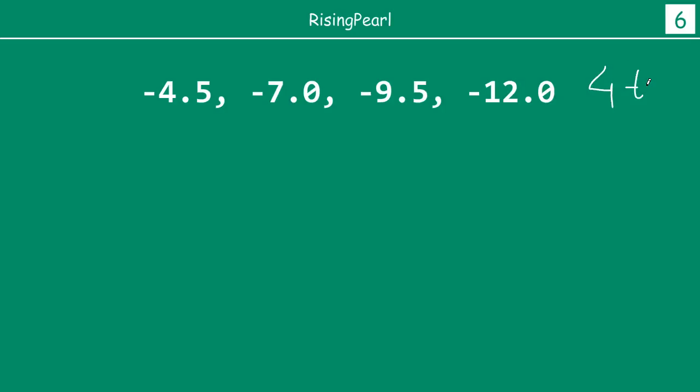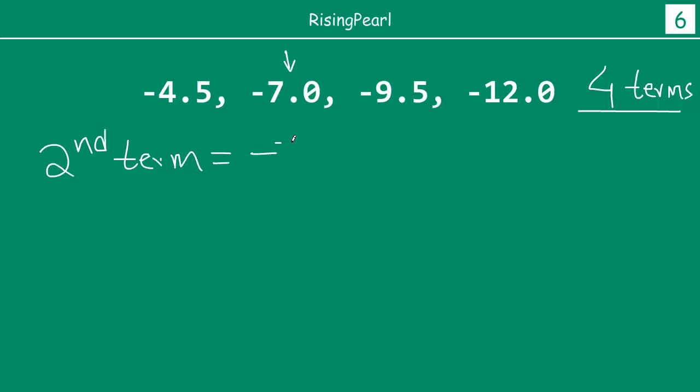So in this particular series there are only 4 terms. So this is the first term, this is the second term. So we will start with the second term. Our second term is equal to minus 7, and our first term is equal to minus 4.5.